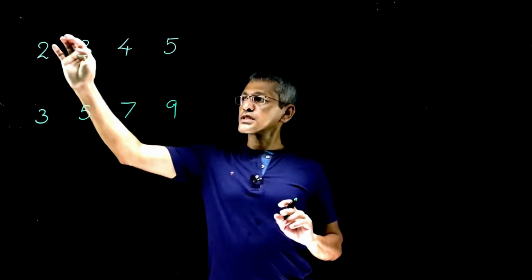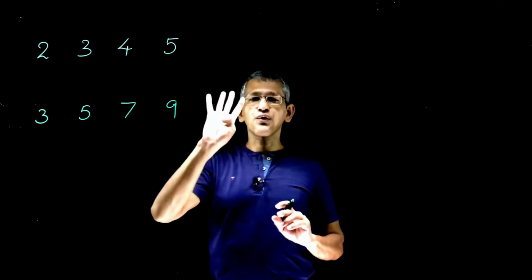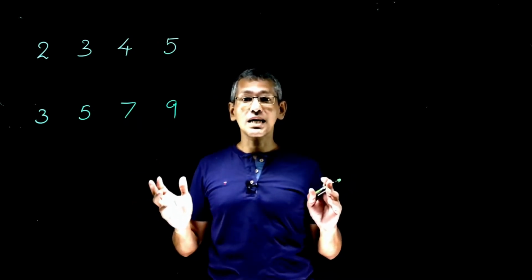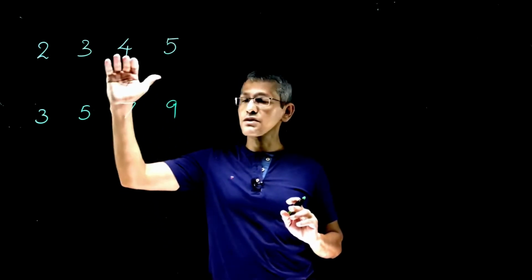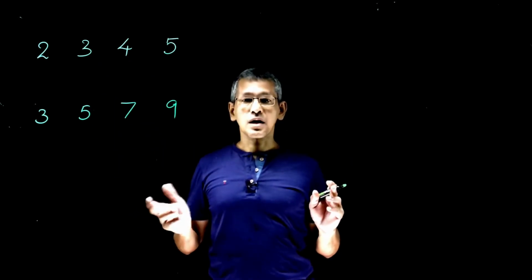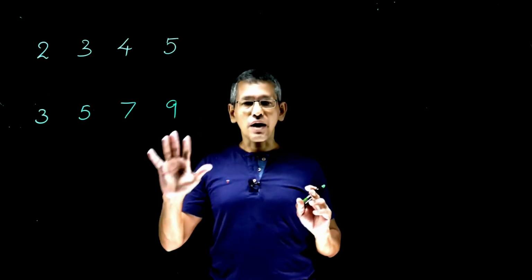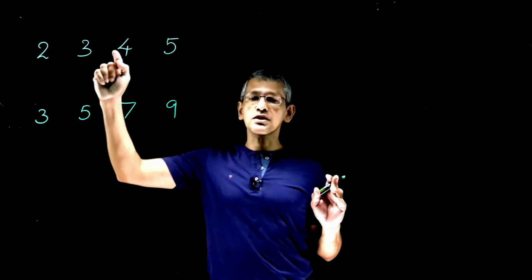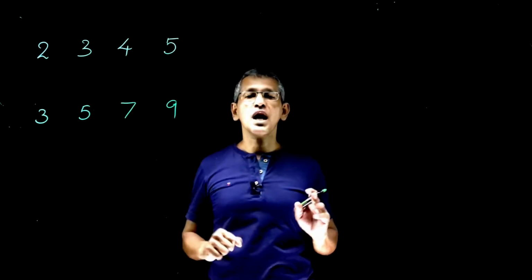However, the numbers given, 2, 3, 4, 5, are 4 numbers. It's an even number. Earlier cases, we were dealing with odd numbers, 3 numbers, 5 numbers. In this case, we have even numbers, so how do we find the average?